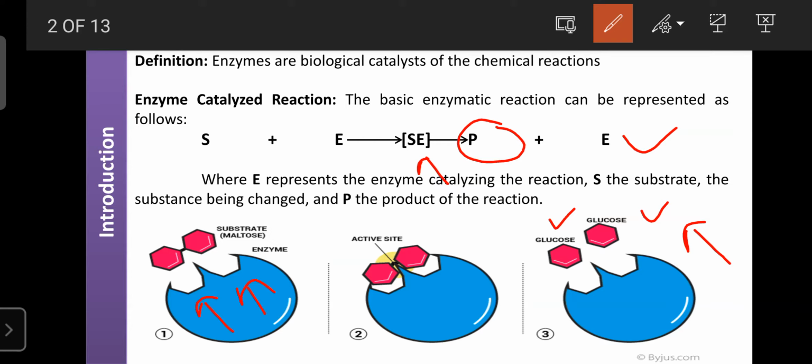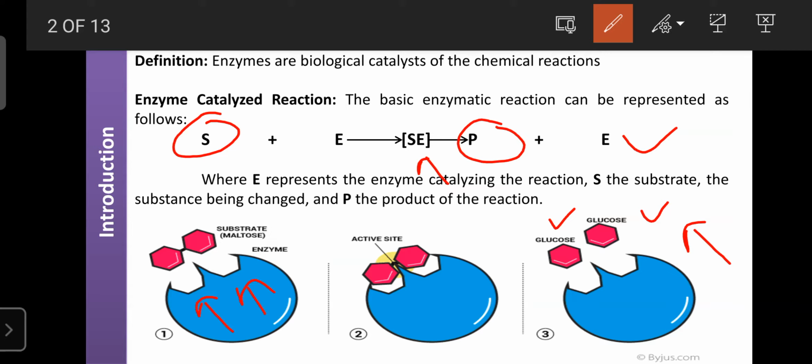One is the number of enzymes, that is, the concentration of enzymes. Enzyme is required for these reactions. If the number of enzymes decreases, product formation also decreases, meaning the rate of reaction decreases. Also, if enzyme concentration is high but the substrate concentration is low, the formation of product decreases.